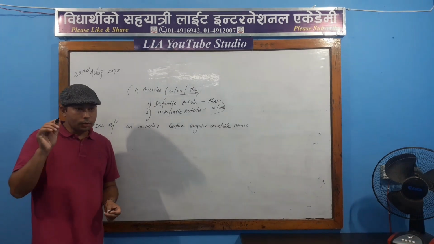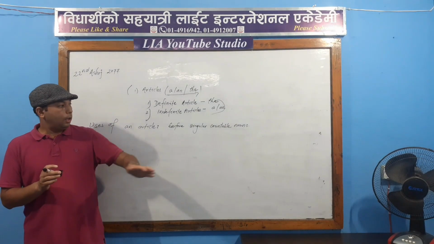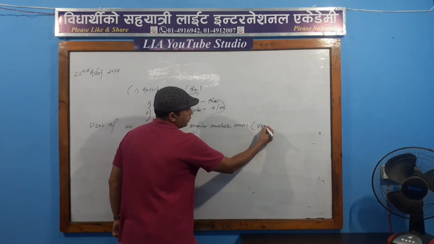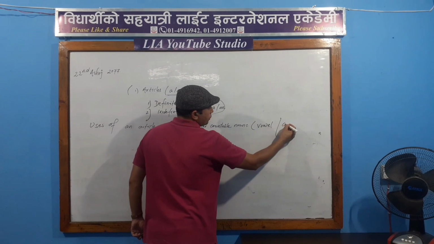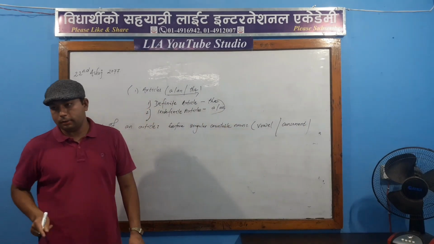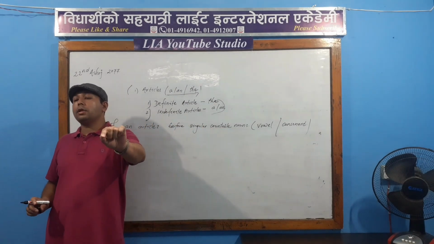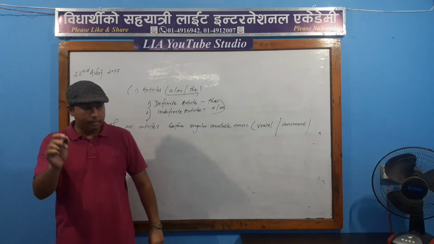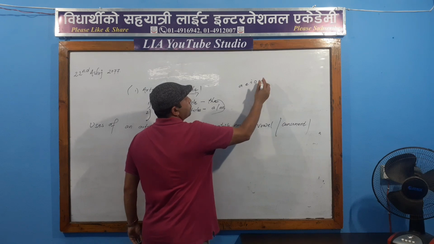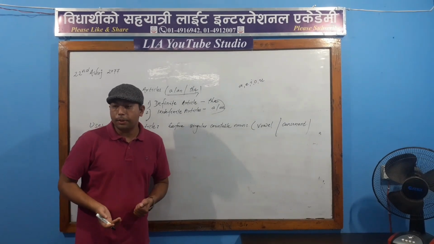In English grammar there are two sounds, generally three, but it will be enough if we learn only two. The sounds are vowel and consonant. Don't get puzzled. We will not go with vowel letters. We have already studied in the previous class that a, e, i, o, u are vowel letters.